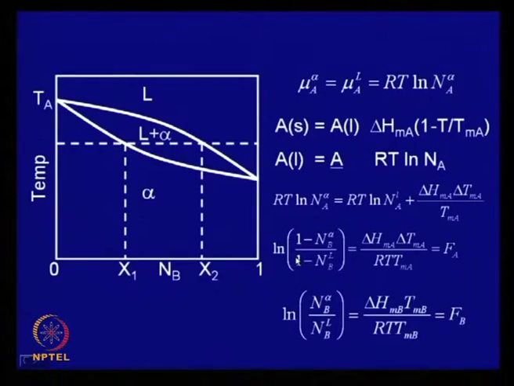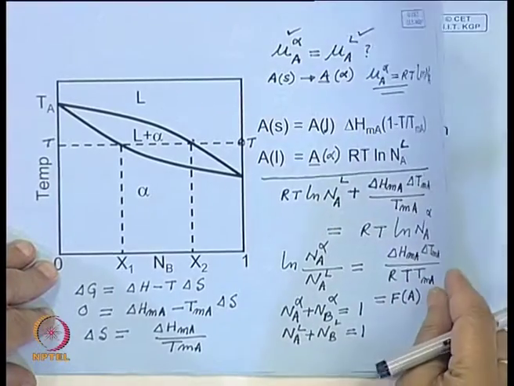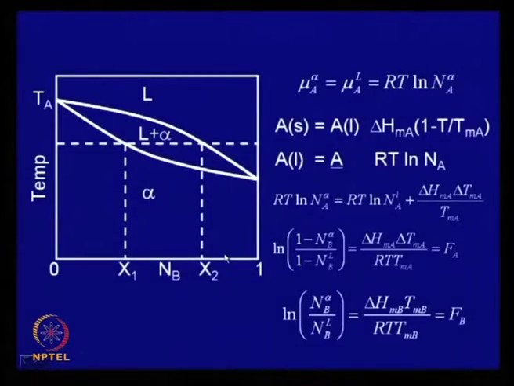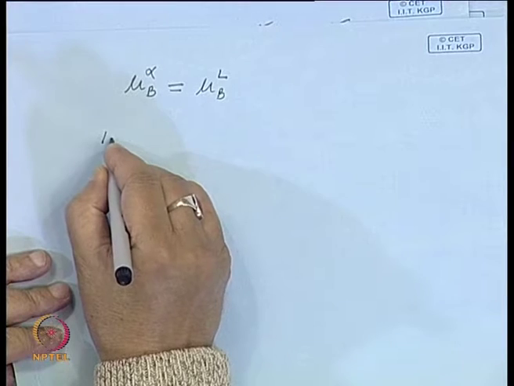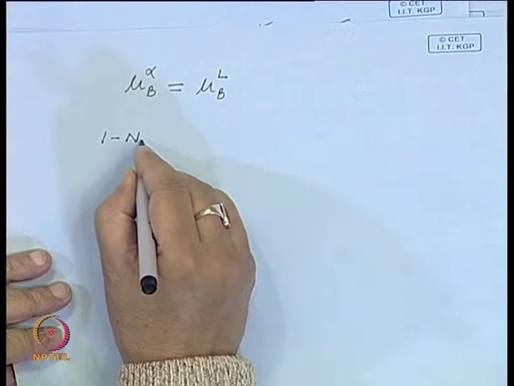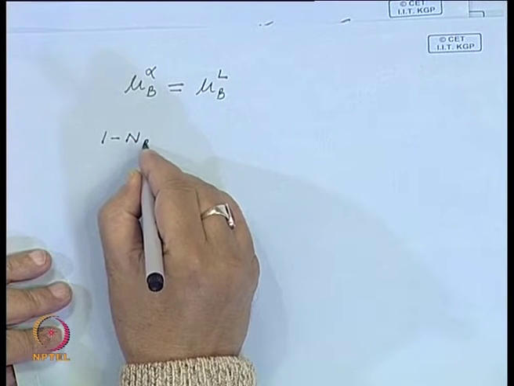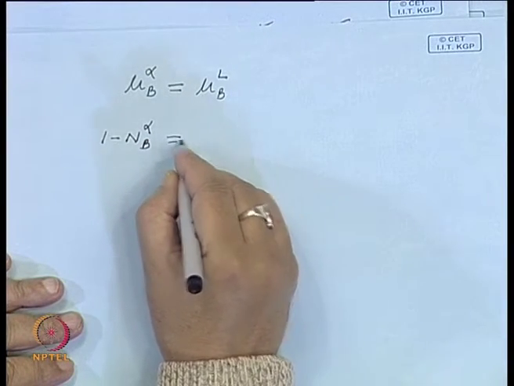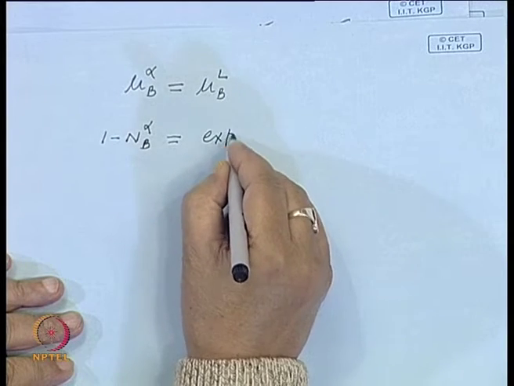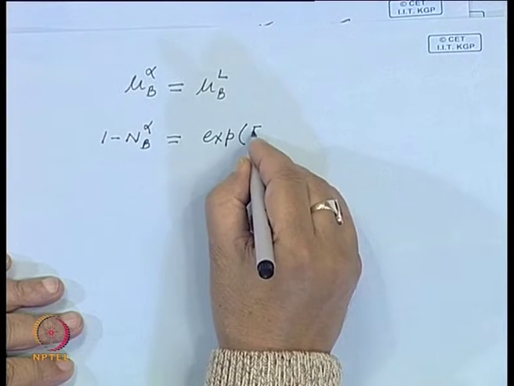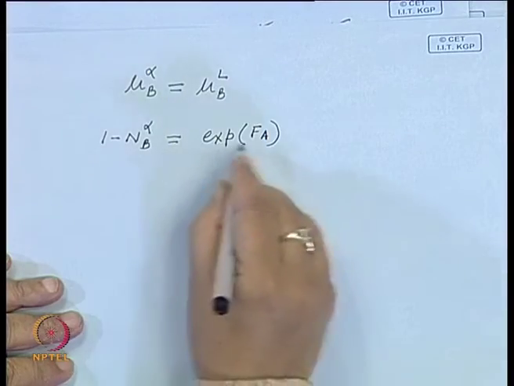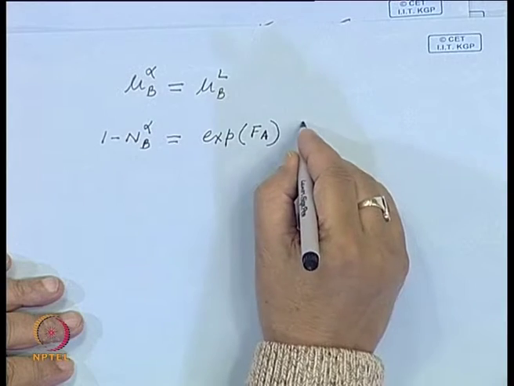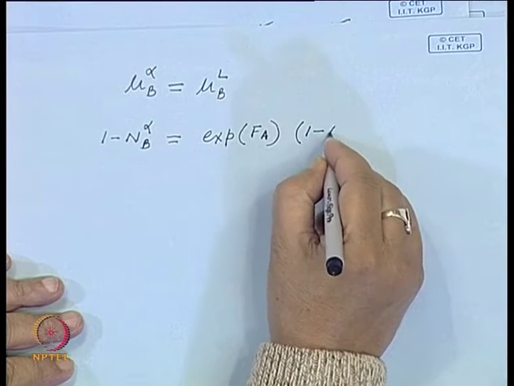See, what you need to do is you can always say that this is ln. So, one way is 1 minus, you convert the first one, N B alpha, this is equal to exponential, let us say F A, this function, and times 1 minus.